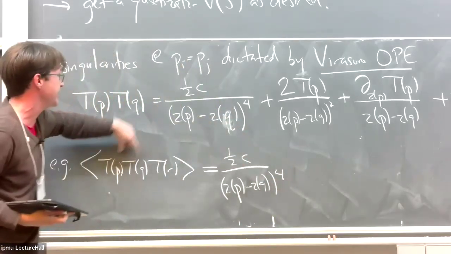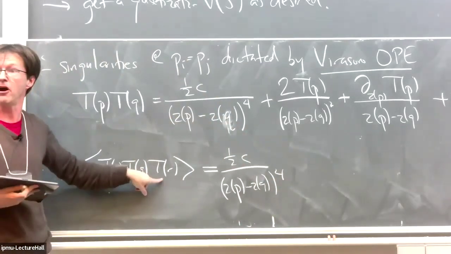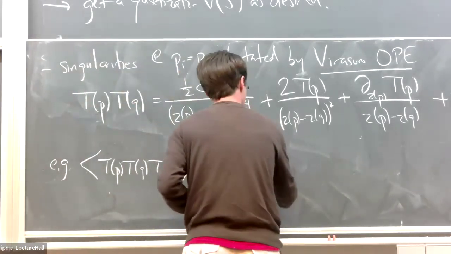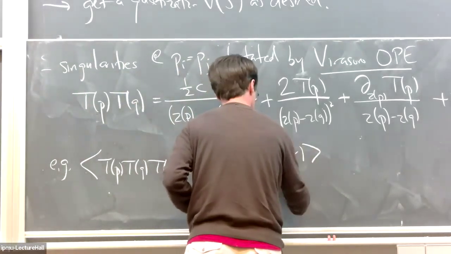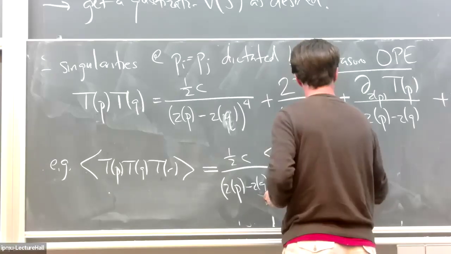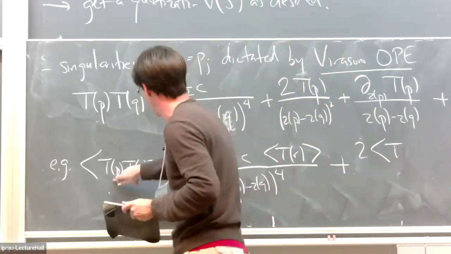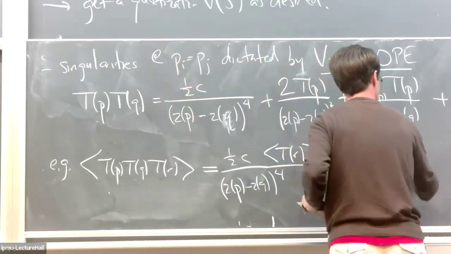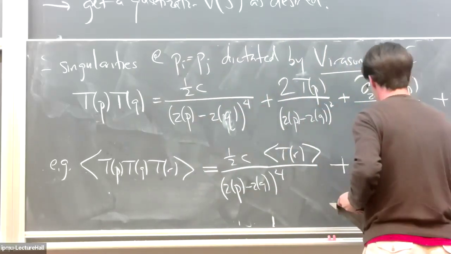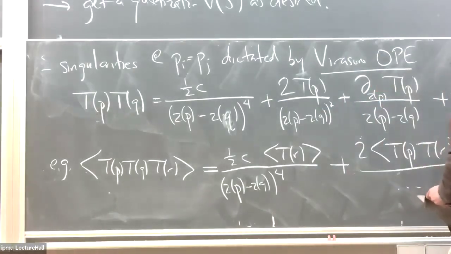I'm replacing the T of P, T of Q by this. I still have the T of R, so this is multiplied by the 1-point function T of R. Then the next term has a single T of P, and I still have T of R, and so on.